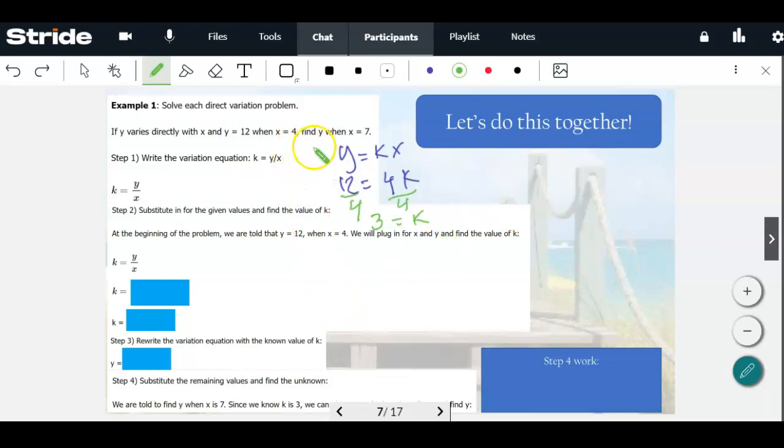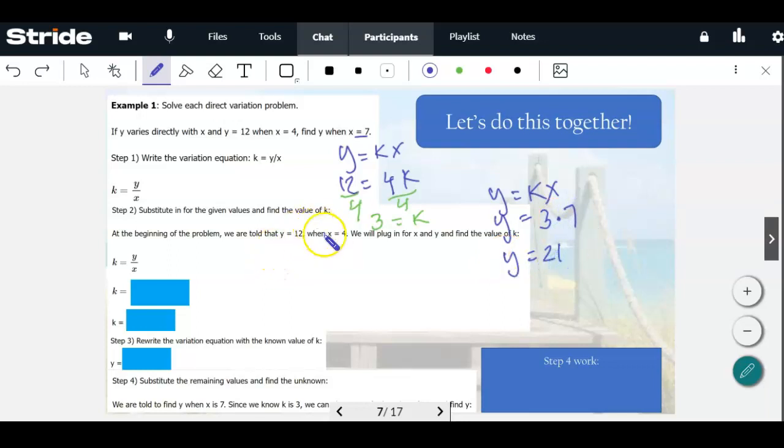Okay, so then it says find y when x is 7. So let's start with that equation again. We know k now, and it tells us x is 7, so we're looking for y this time. The k value is 3, the x value is 7, so y is 21.